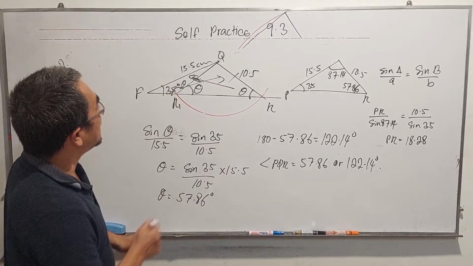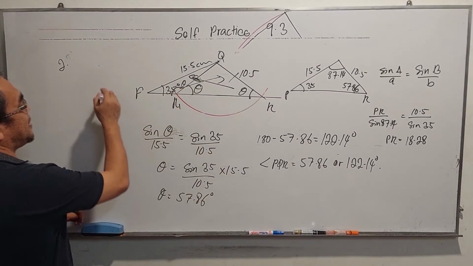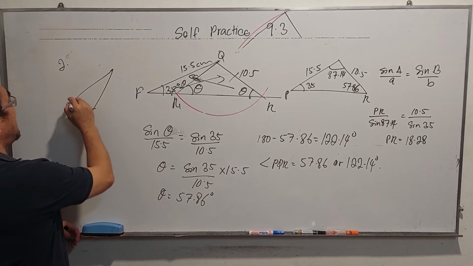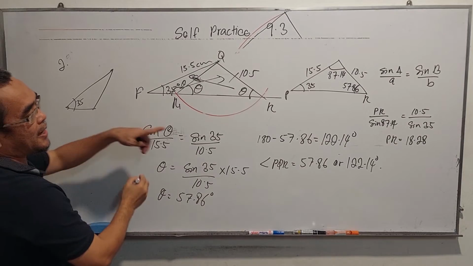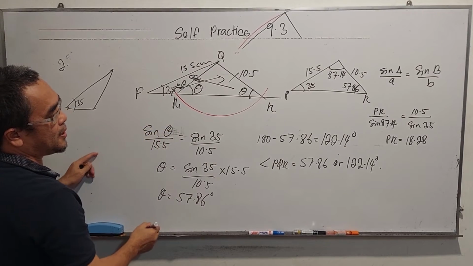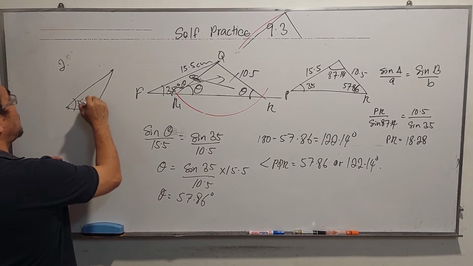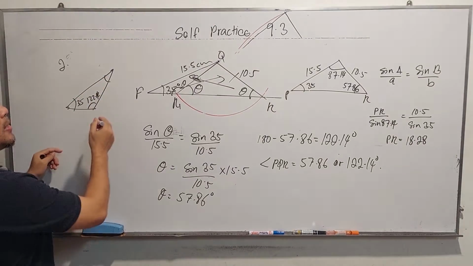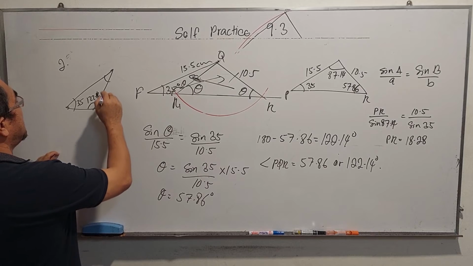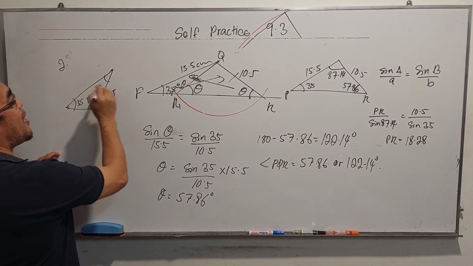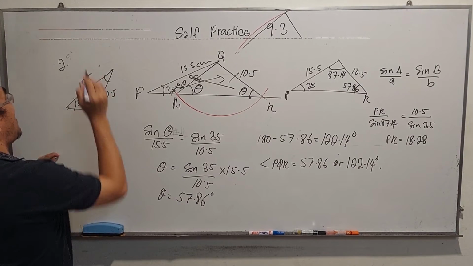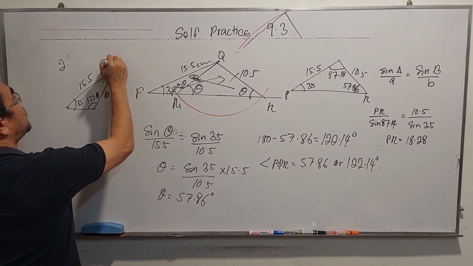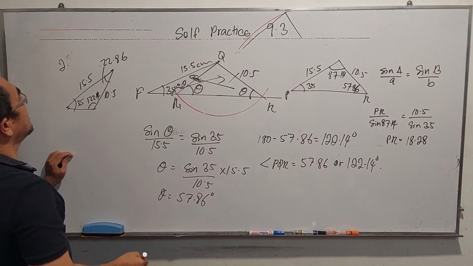Okay, and the shorter one will be like this. Okay, let's see. 35 degrees, and then the angle will be 122.14. Help me with the other angle. Here will be 10.5, here is 15.5. 22.86. Yes.